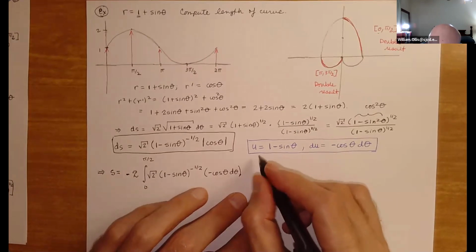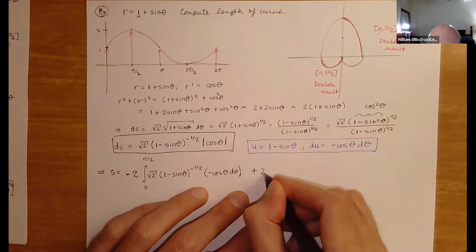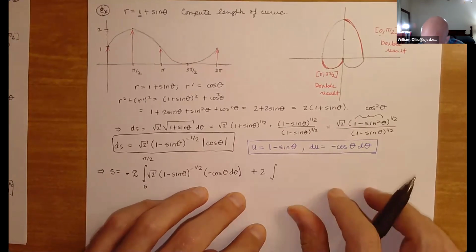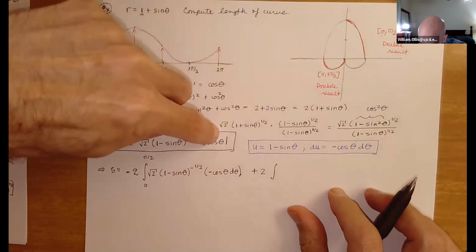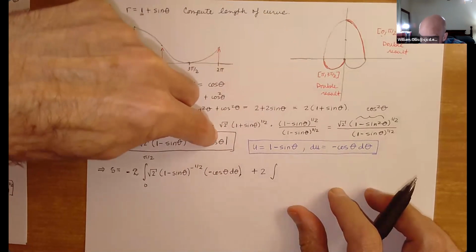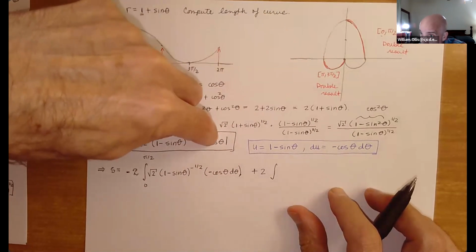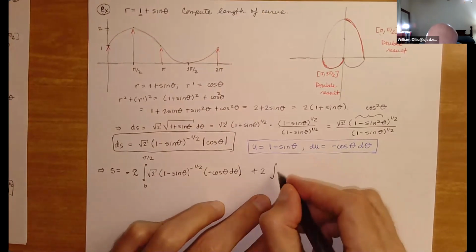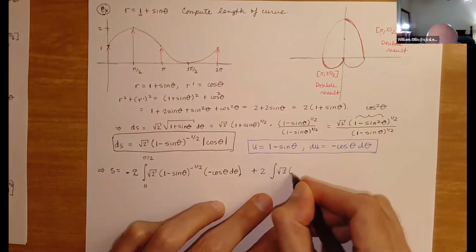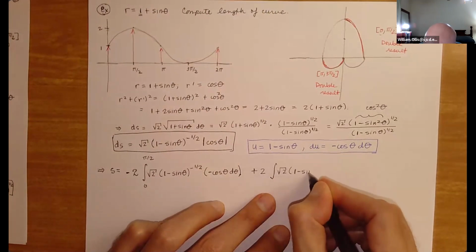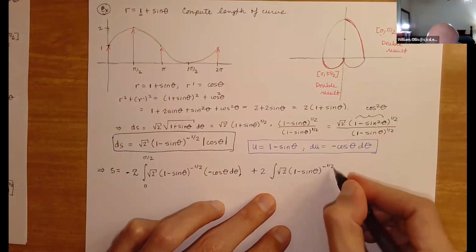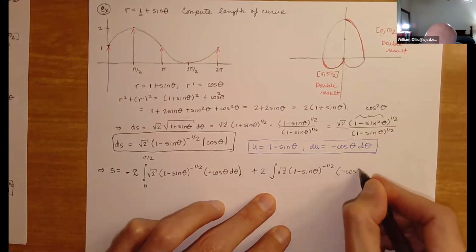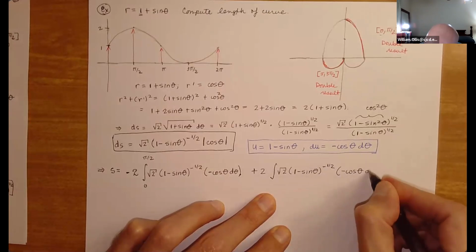And then we have what? Plus 2 times this integral. But now notice in the third quadrant, the cosine is negative, so the negative is built into the absolute value, so it's already there. So now we've got square root 2, 1 minus sine theta to the negative 1/2, negative cosine theta d theta, already there.